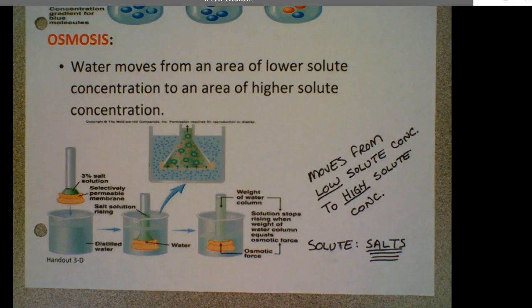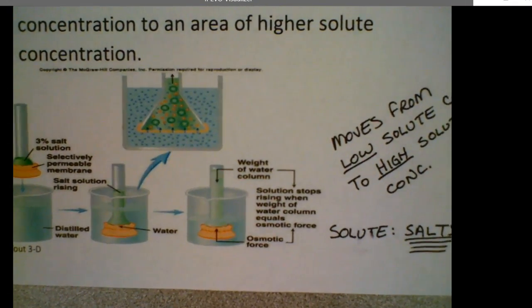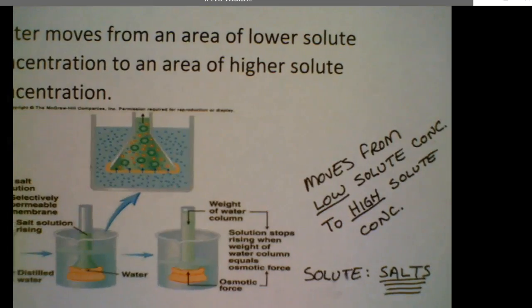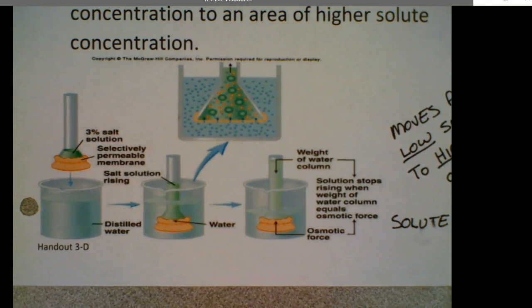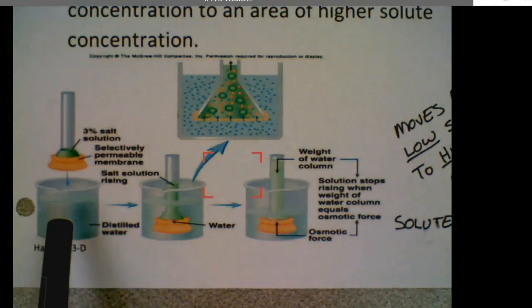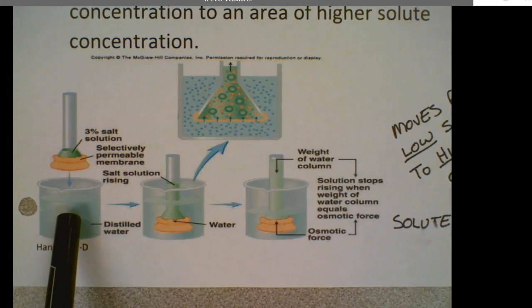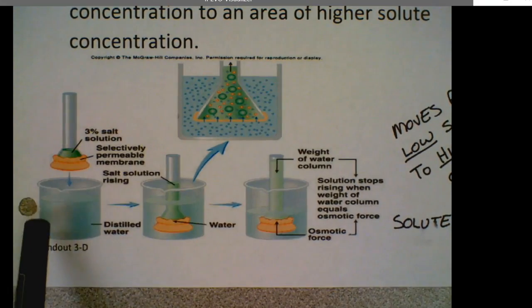So there's a classic little experiment that you might have actually performed in high school, where we take a beaker of distilled water that has no salt in it at all, it's just distilled water.